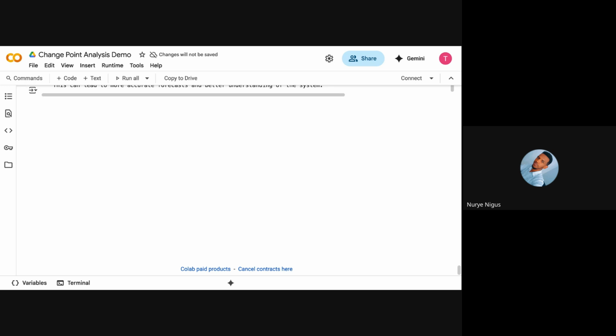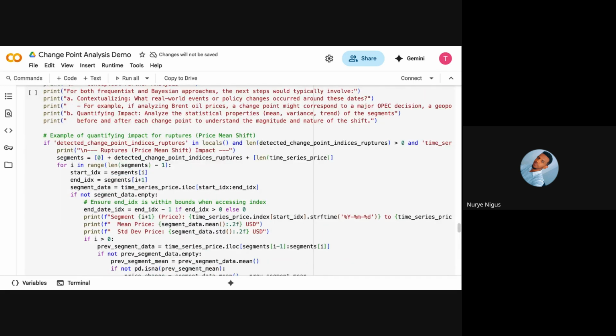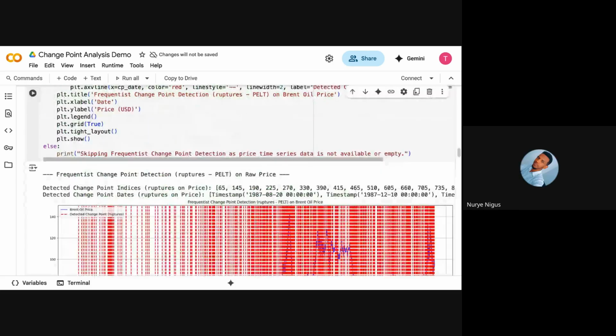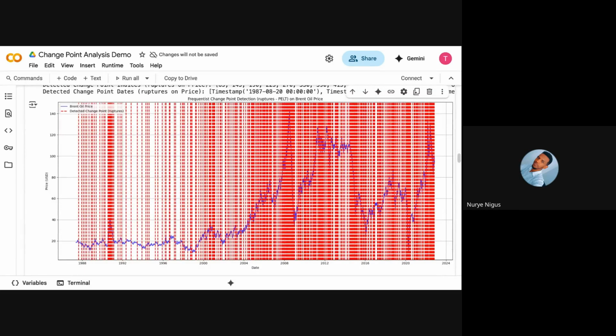So you are using Rapture, right? Both Rapture and PYMC. Okay, but I saw you find multiple change points using Rapture, right? Yes. And when you use PYMC, you get only the most probable one. No, what you have to understand is that for Rapture there is a penalty.